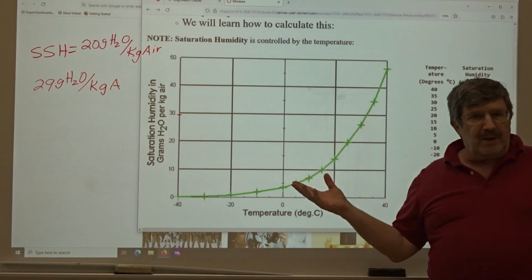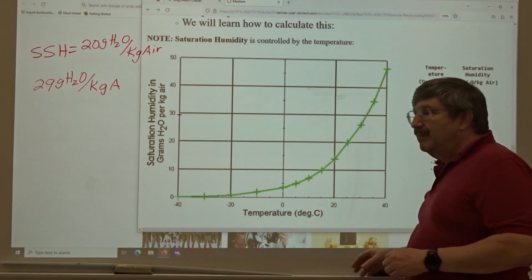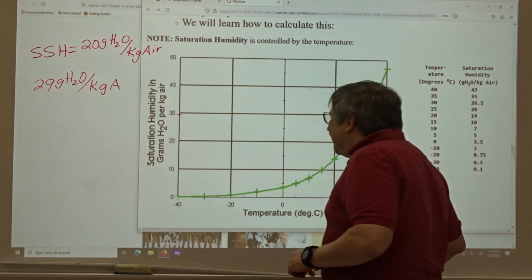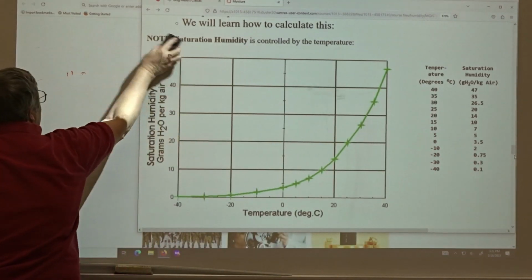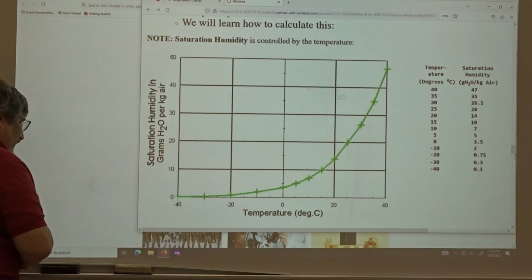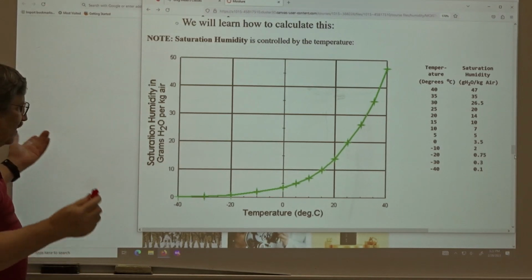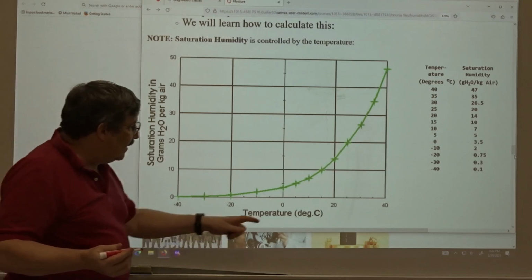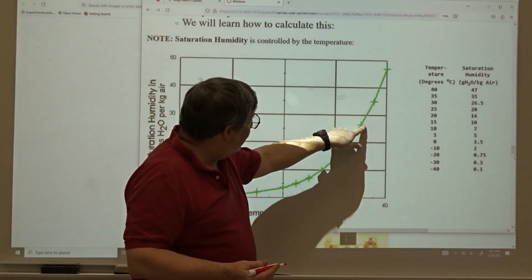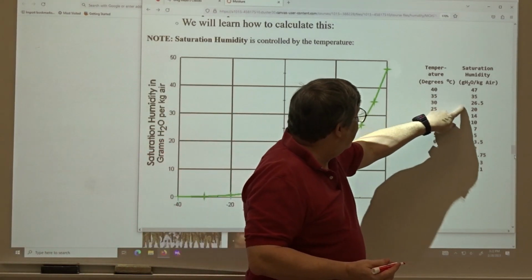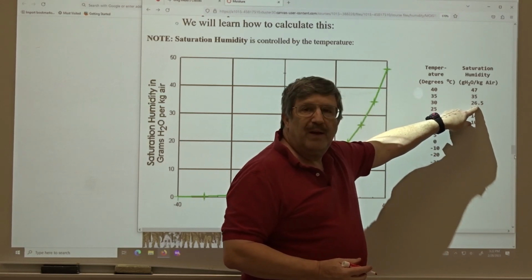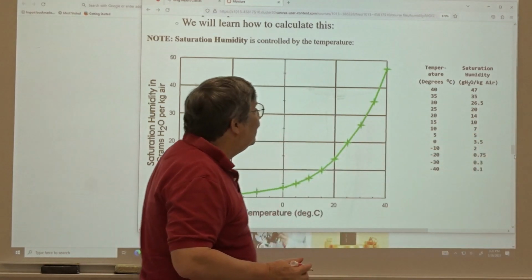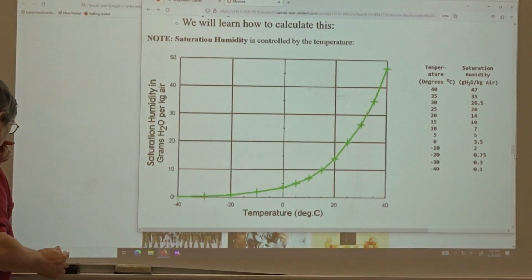So let's start just picking some numbers out of the air. I'm sorry to give you a bad pun like that. But let's suppose, for instance, that we have a temperature of 30 degrees Celsius. At 30 degrees Celsius, we can either go up to that, or we can look over here at 30 degrees Celsius, and we find that our saturation humidity is 26.5 grams of water per kilogram of air.